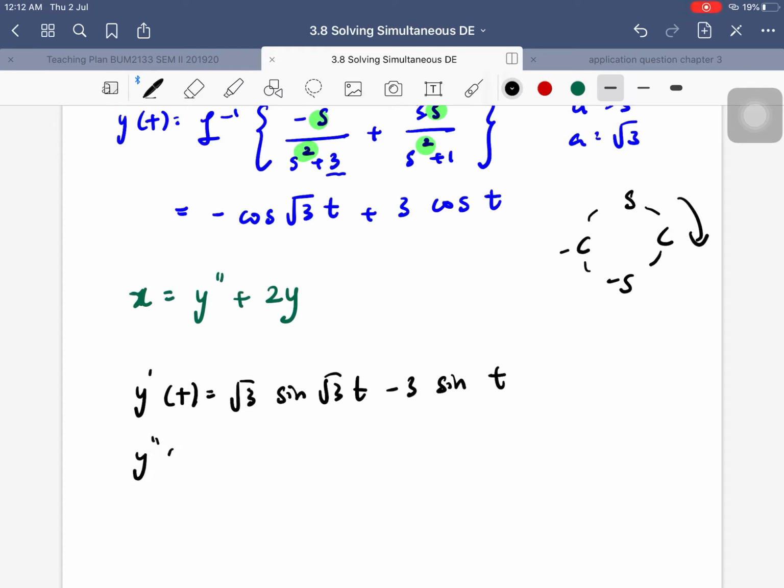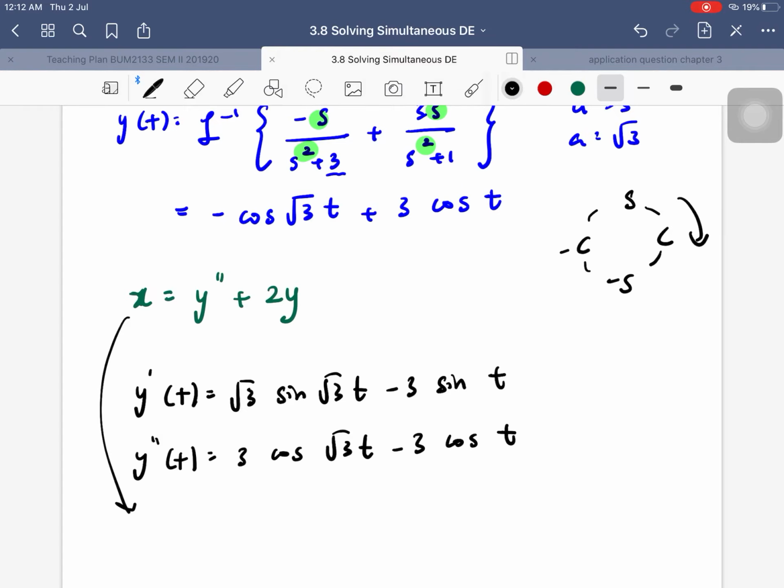My y double prime, when I differentiate this again, sine is going to be cos, so square root 3 times square root 3 is going to be 3 cos of square root 3t, and negative sine is going to be negative cos, so I'm going to have negative 3 cos of t. So that is going to be my y double prime.